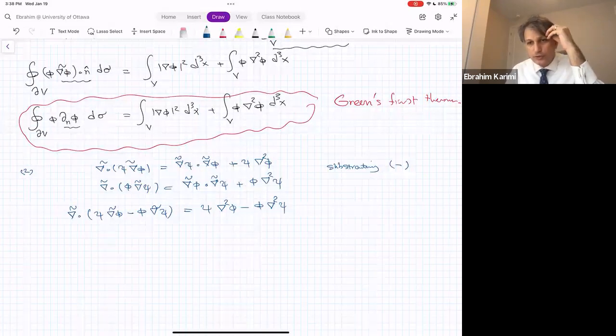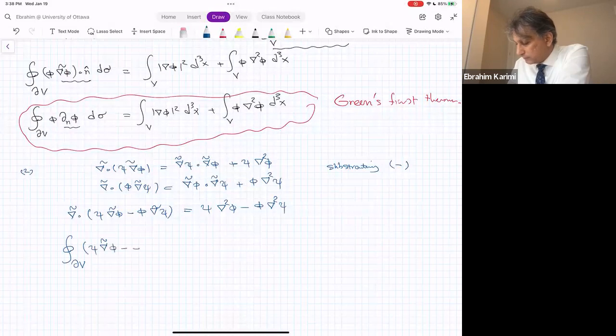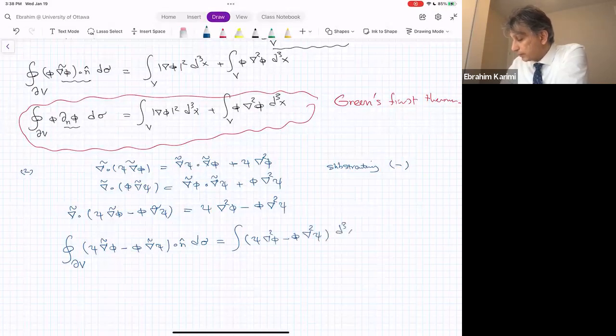Beautiful. Now I will use the Gauss theorem. I will bring that to the volume, multiply this by d3x, and use the Gauss theorem on the other side. In the same fashion, I will skip one step and get the integral of psi gradient of phi minus phi gradient of psi dot n d sigma, which equals the integral of psi Laplacian of phi minus phi Laplacian of psi d3x.